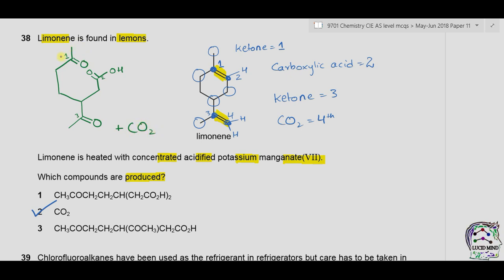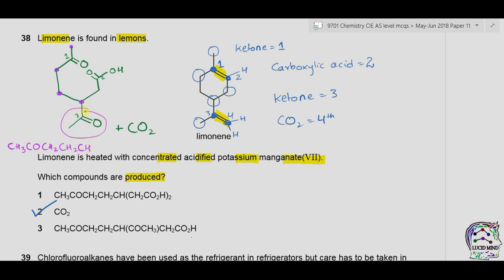Now we can rewrite this skeletal formula into structural formula, starting from this carbon, which is CH3. Then we have carbonyl carbon, CO. Then we have CH2. Then again CH2. Then we have this carbon which only has one hydrogen atom attached, so it is CH.